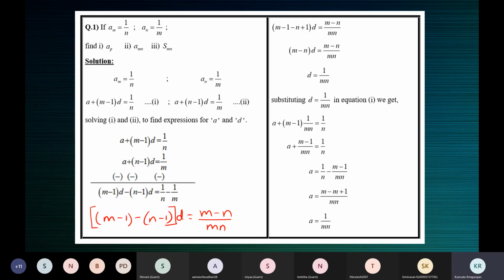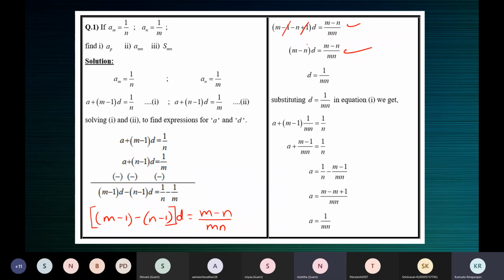So when you open the bracket, m minus 1 minus n plus 1 into d is equal to m minus n by mn. Now minus 1 plus 1 gets cancelled. So m minus n into d is equal to m minus n by mn.